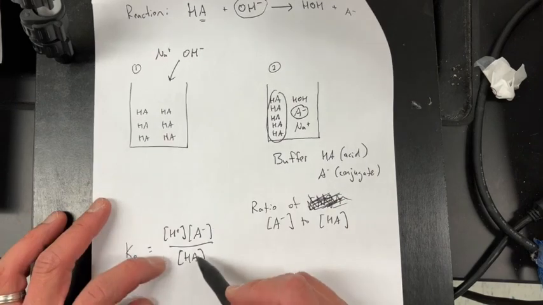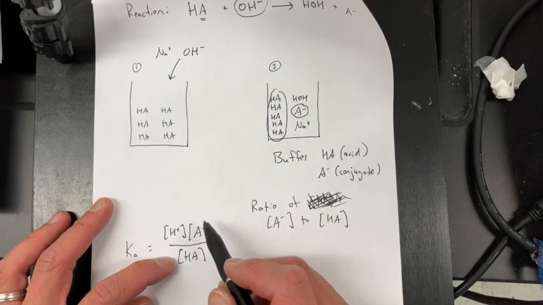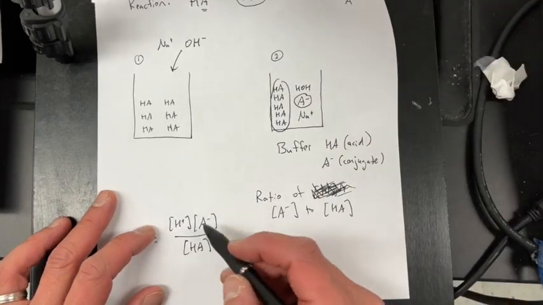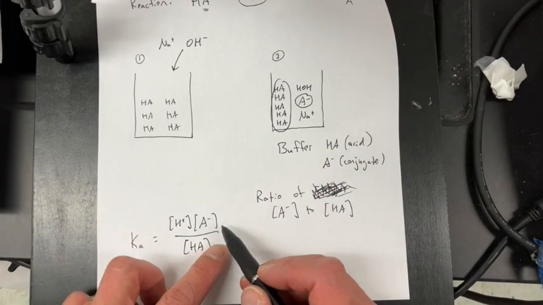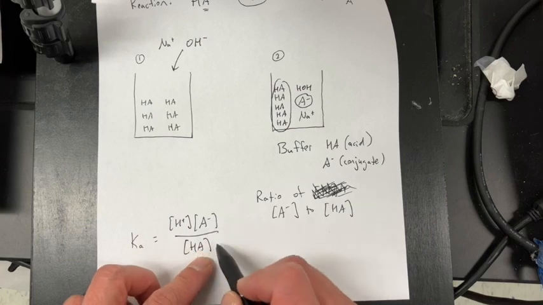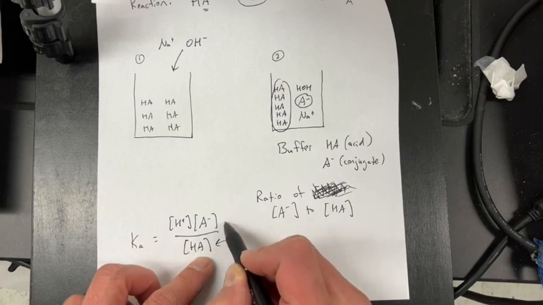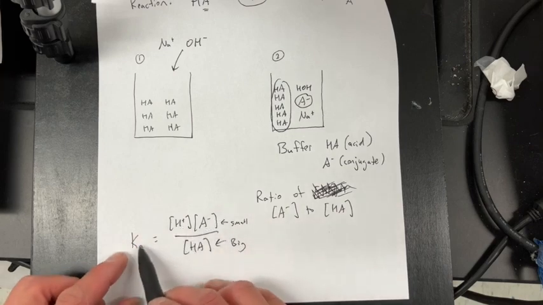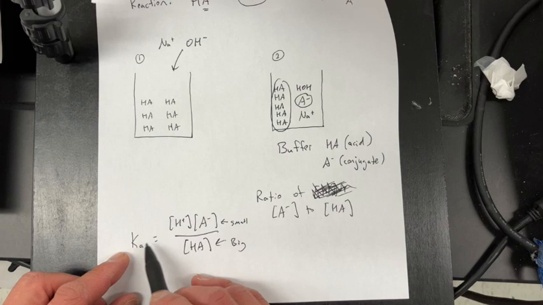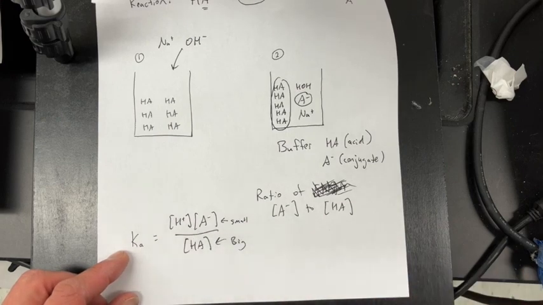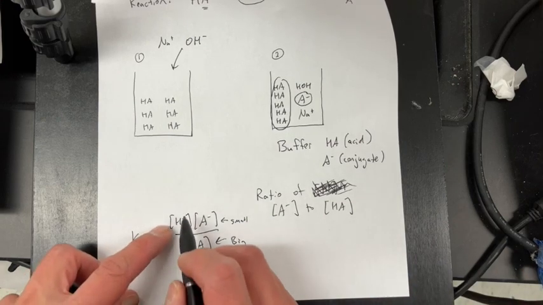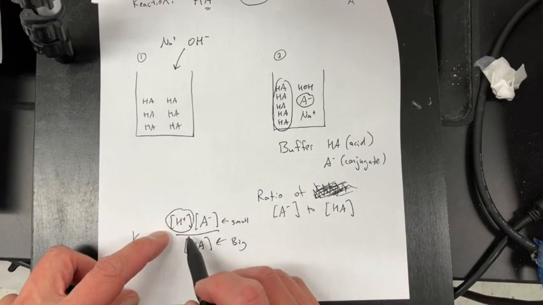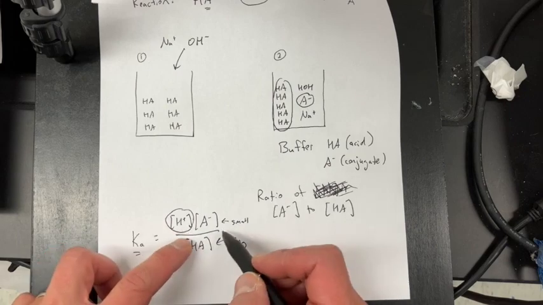I have a lot of HAs in here. I have very few A negatives, but there are some A negatives. And so if I look at my ratio of these two things, I still have a lot. This thing here is big. This is going to be small. And so in order for Ka to stay the same, because Ka remains constant the whole time, it's an equilibrium constant, this H plus here, in order to balance this out, is still going to be pretty big.